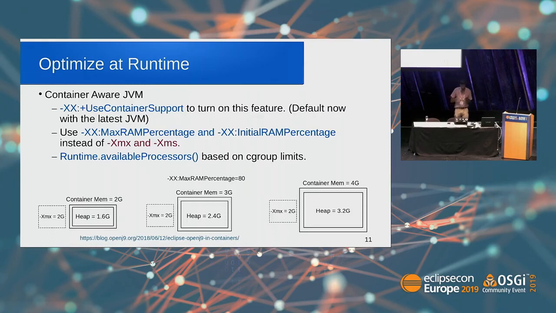And if there's really one thing that you want to take away from this entire talk, I would suggest that it be about the -XX:MaxRAMPercentage. So how many of you here use -Xmx in your Java applications? Okay, lots of hands going up. That's something that we need to avoid inside of a container, and the reason for that is illustrated here.